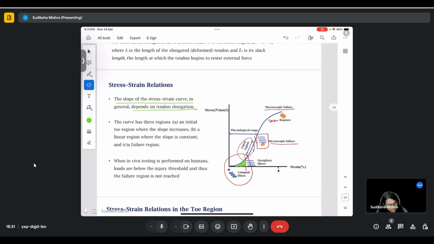This is the region where the change in stress and strain is not linear, where the slope increases. Then there is a portion where the slope is constant. This is a region where all of the fibers have become stretched and microscopic failure starts to occur, and then there is failure or rupture of the tendon. So three regions: the initial toe region, linear region, and failure region.